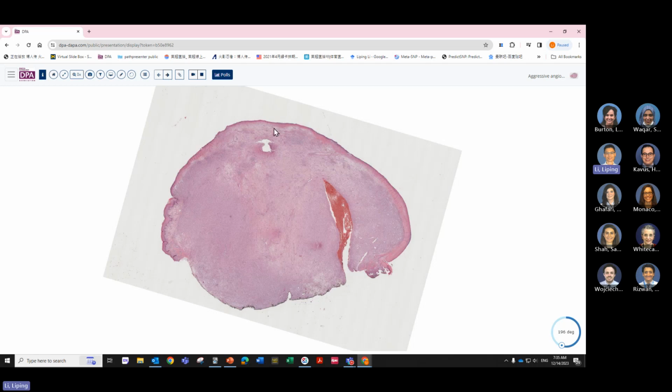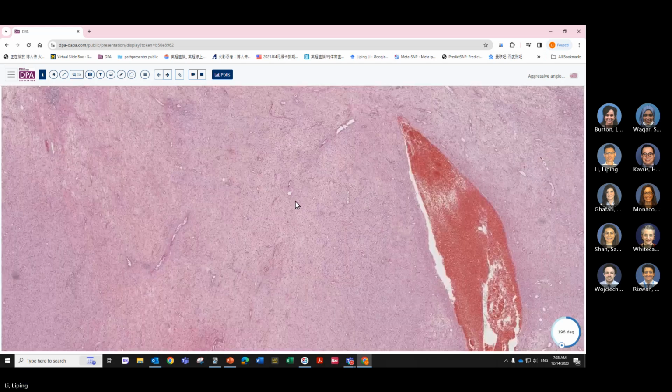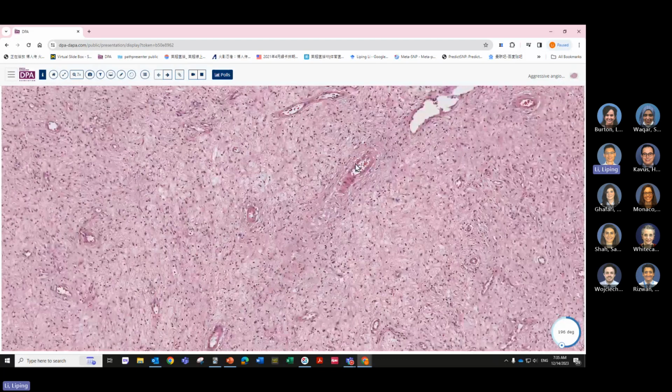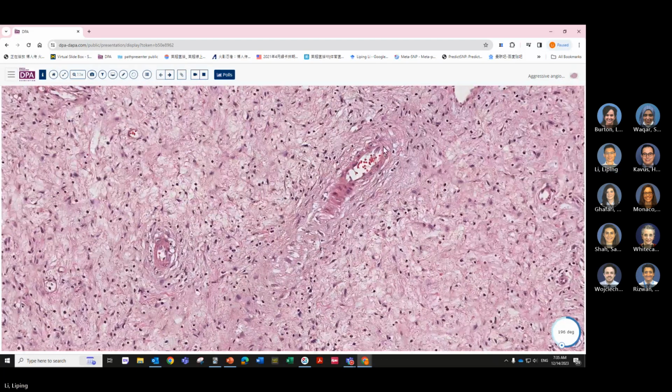And this is the epidermis of the skin. Even in low power, we can see low cellularity, hypocellular. Then when we zoom in, we can see tons of vessels here, and the vessels have this hyalinized wall that is characteristic.